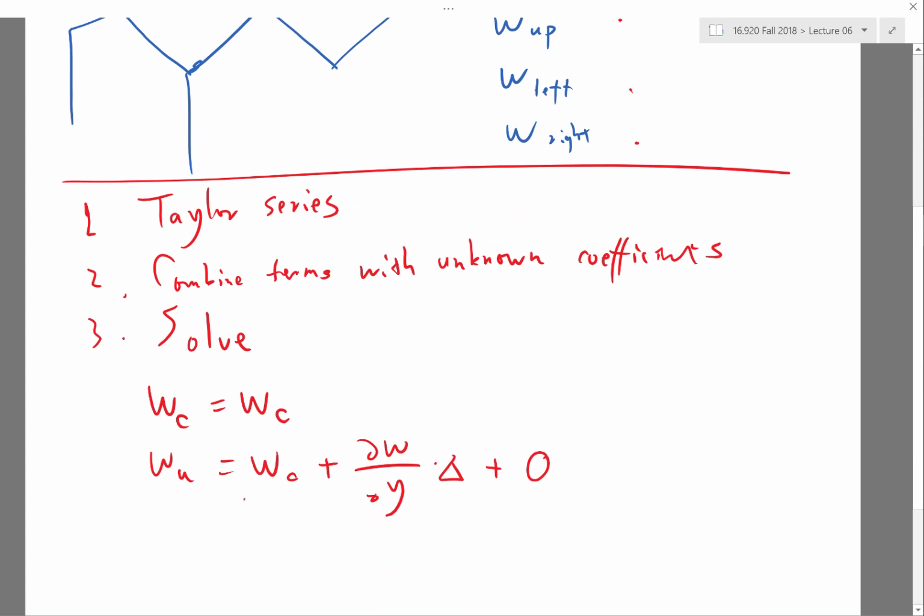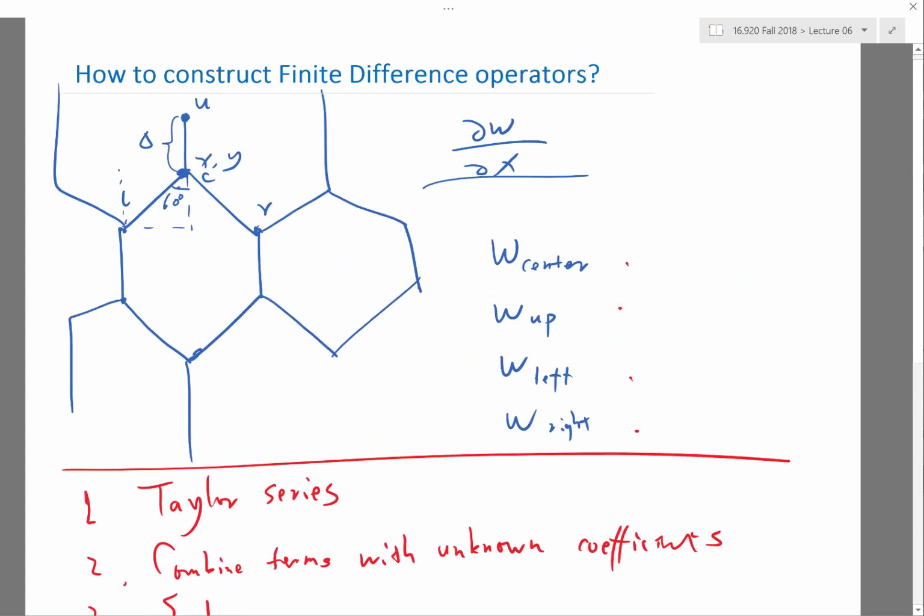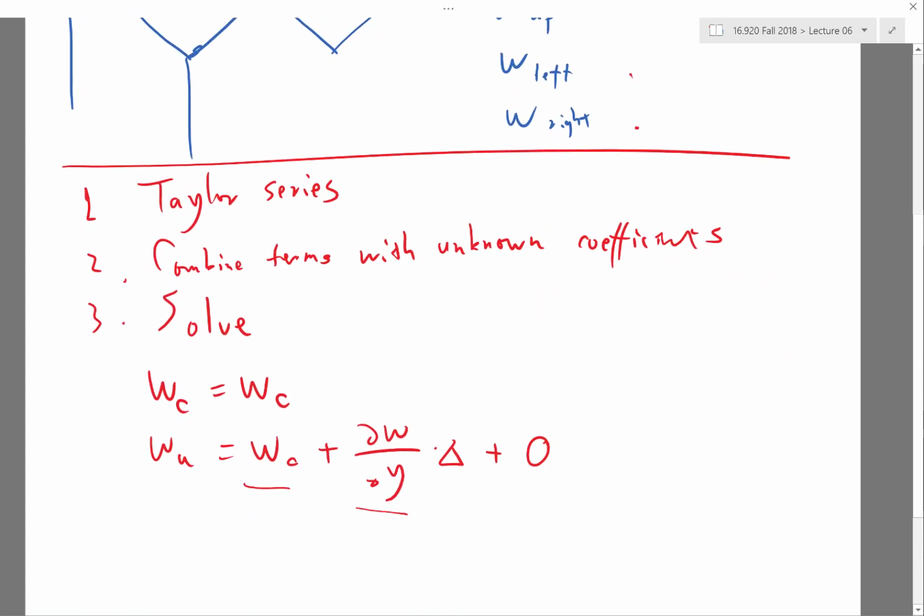We first want to cancel the WC, and then we want to cancel dw dy, because what we want is dw dx. That gives us two equations, and third, we want to actually get our dw dx. So that's three equations, and we have one more degree of freedom to play with. What do we do with that? Can we use it to get a second order scheme?